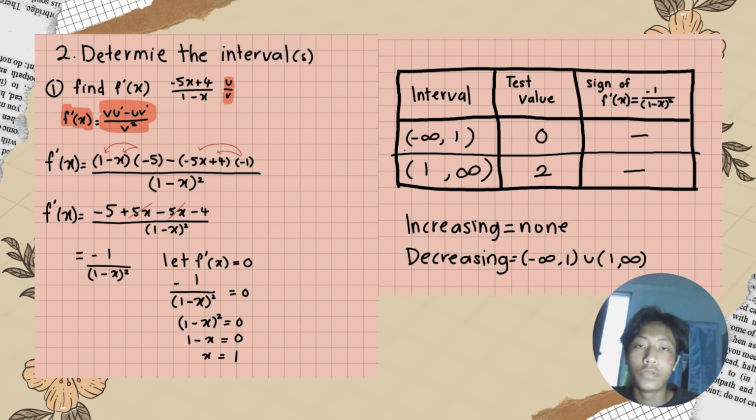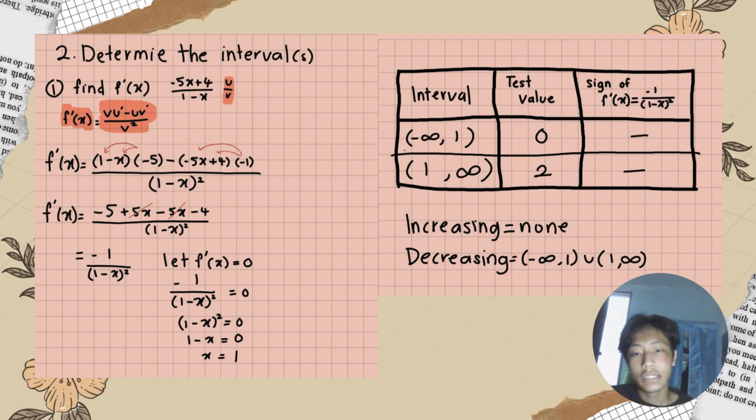Number 3, we need to determine the interval which is increasing or decreasing. The first step, we need to find f prime x. To find f prime x, we need to use the formula (vu' minus uv') over v squared. After we find f prime x, the second step is we need to let f prime x equal 0.